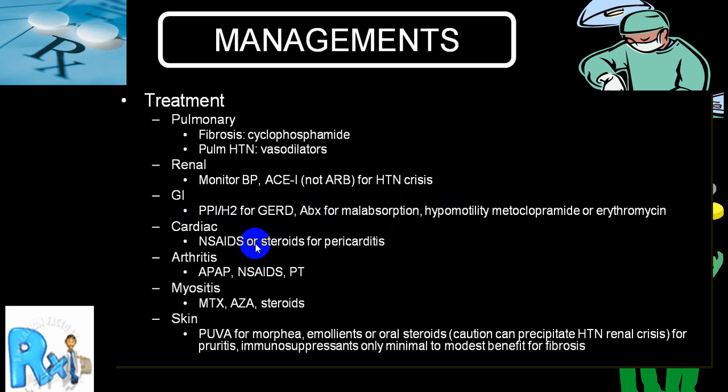In cardiac involvement, steroids for pericarditis. For arthritis, NSAID. For myositis, methotrexate is utilized, and steroid and azathioprine. For skin, ultraviolet is utilized, or you can utilize steroid, except particularly in renal crisis.